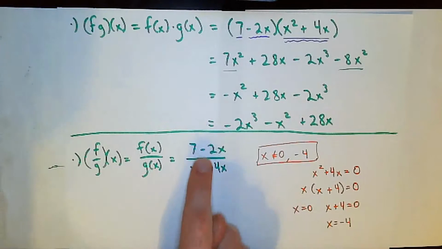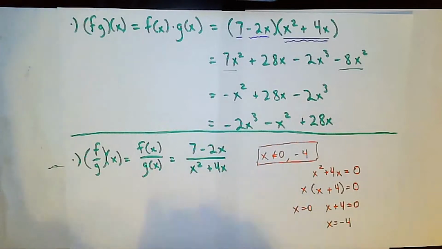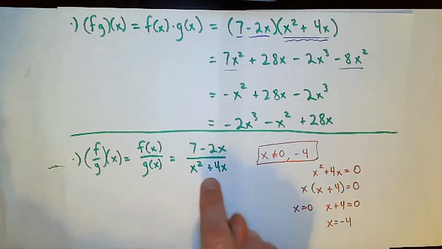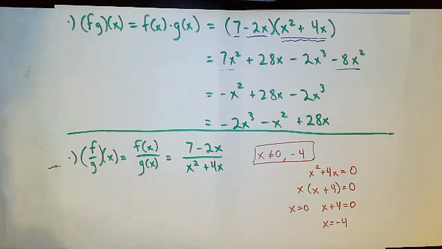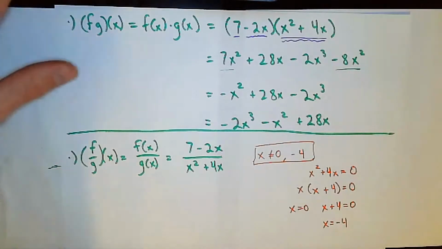Anytime you've got a rational function like this built, it's always a good idea to go ahead and write down what values are going to give you domain issues. That pretty much sums up the combinations of functions with those four operations. I could just do more examples, but that pretty much is it.